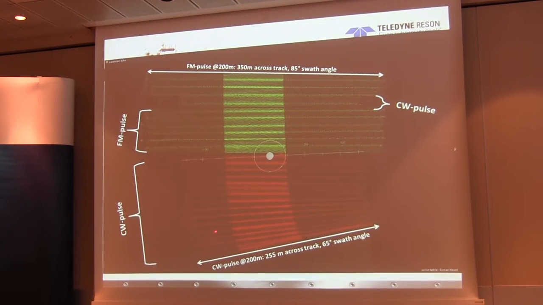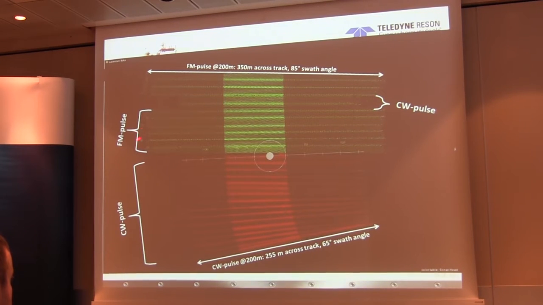My cross-track distance is 225 meters, and that's my effective swath width. There's more data on the sides, but that's not good data; you wouldn't use it because that's the limit of your range. So your effective swath width is really 225 meters, using a CW pulse.